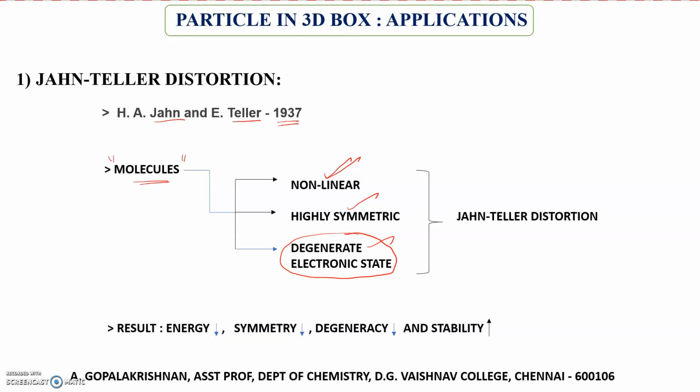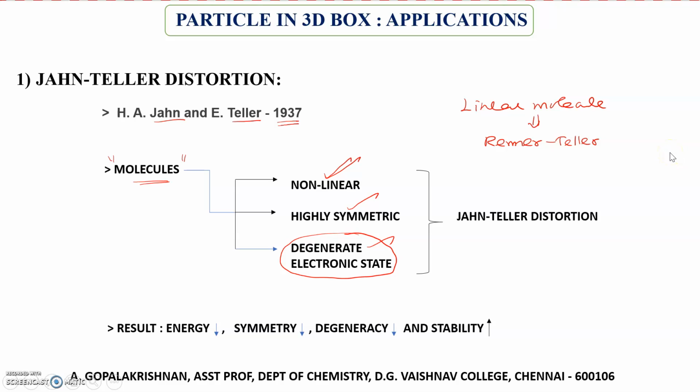In the case of linear molecules, we have Renner-Teller distortion. I am not going to discuss Renner-Teller distortion in this lecture. I am going to focus only on Jahn-Teller distortion.